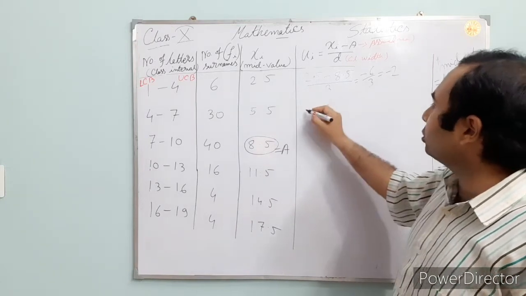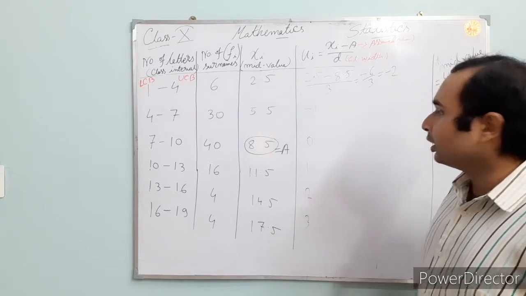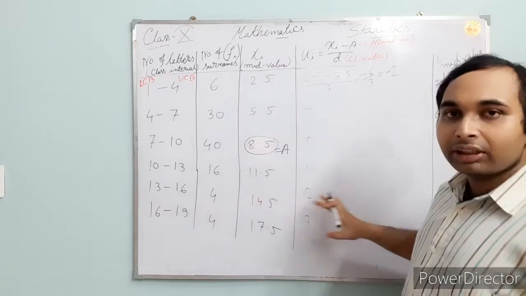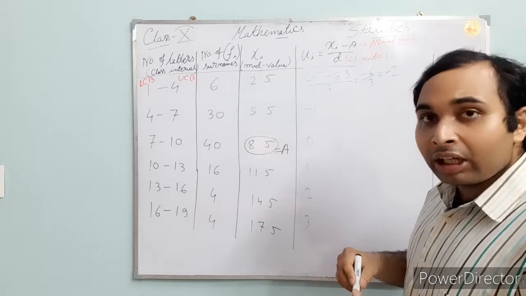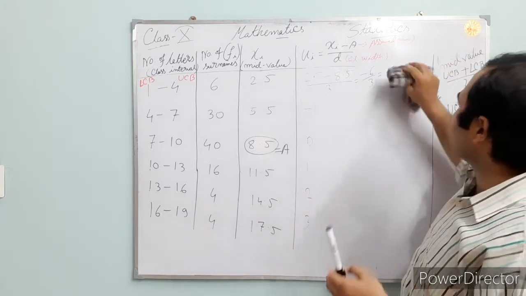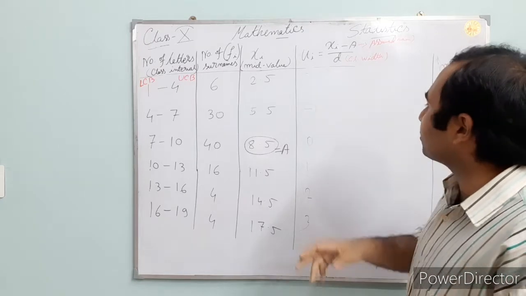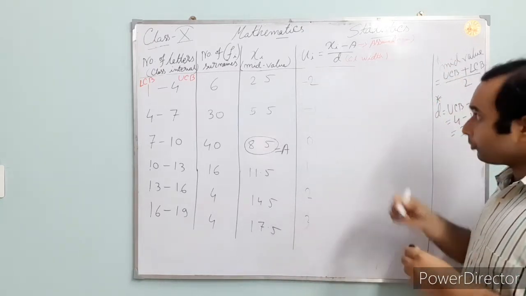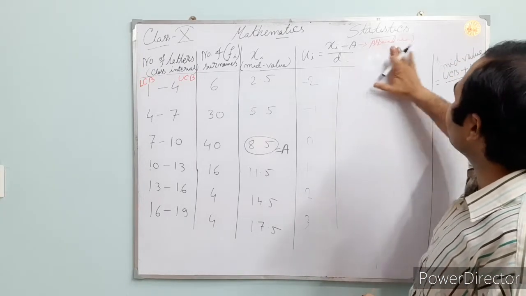It is minus 2, then minus 1, then 0, then 1, then 2, then 3. Definitely it will come for continuous class intervals. Okay. So I am erasing this now. I think you have got it because I have to write other columns here. That's why I am erasing this. So it was minus 2. Okay. Now the next column, I am erasing those also.